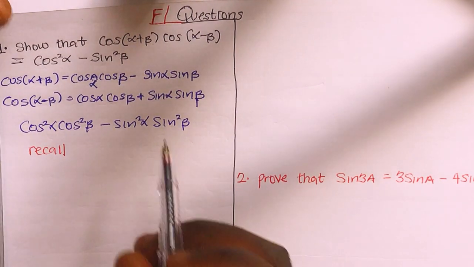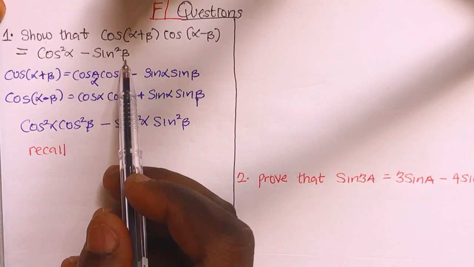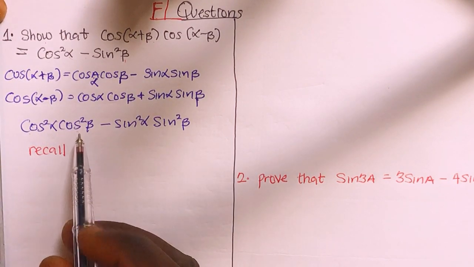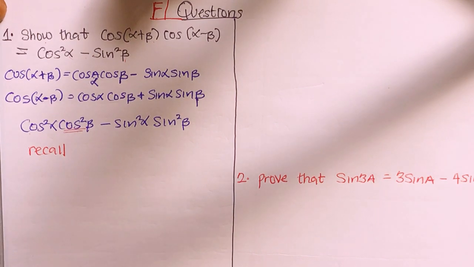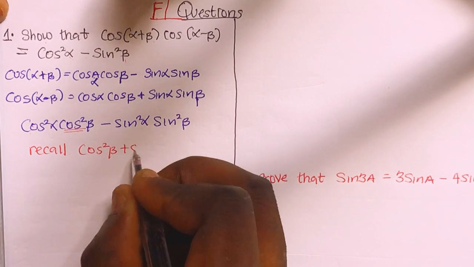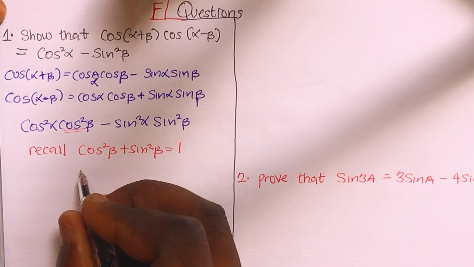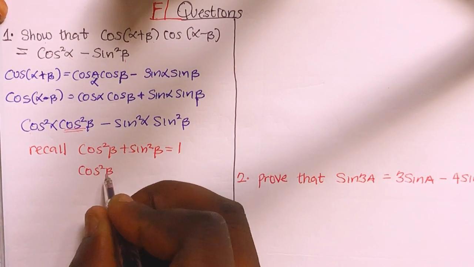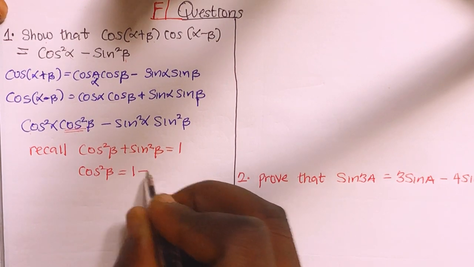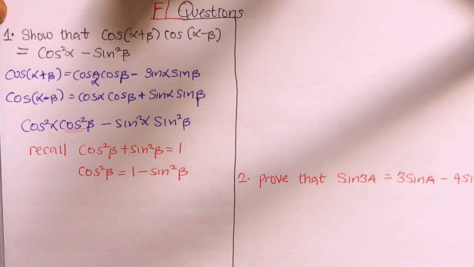Since the question says show that this equals cos square alpha minus sine square beta, in the cos side I'm going to recall only the one that has beta. I can recall that cos square beta plus sine square beta equals 1. Making it the subject, cos square beta equals 1 minus sine square beta.